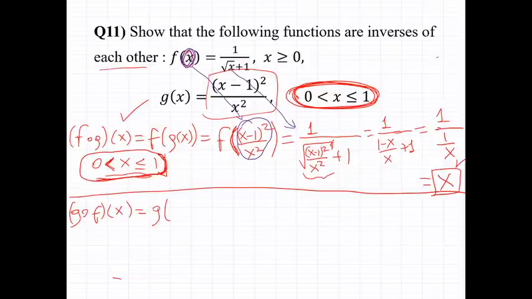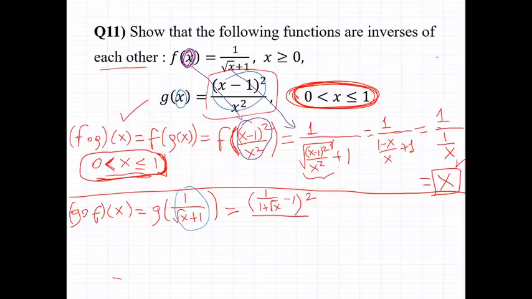Now let's start. This is g of f of x, which is 1 over square root of x plus 1. And as you see here, instead of x, we write 1 over 1 plus square root of x minus 1 squared divided by 1 over 1 plus square root of x squared.